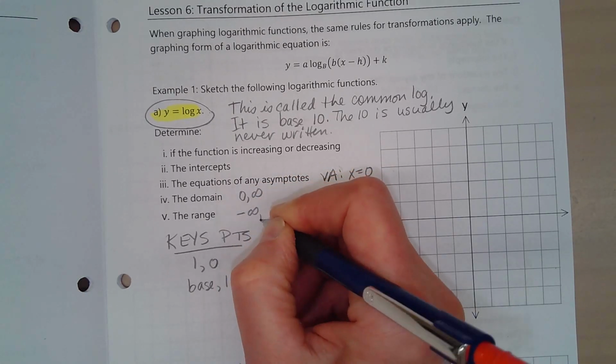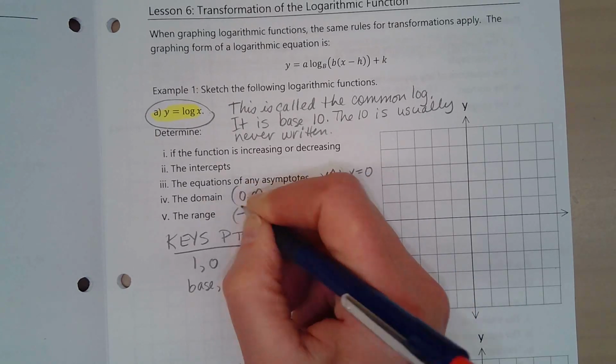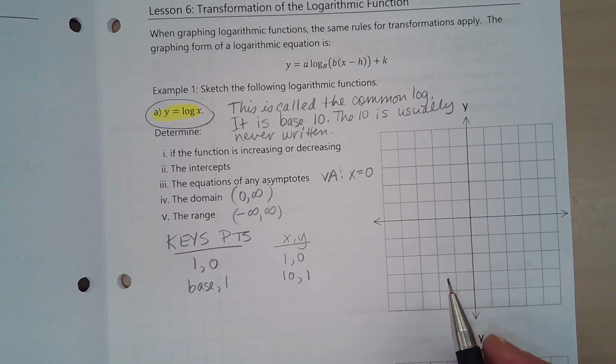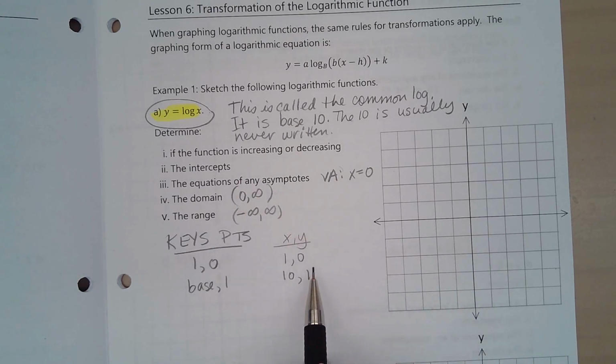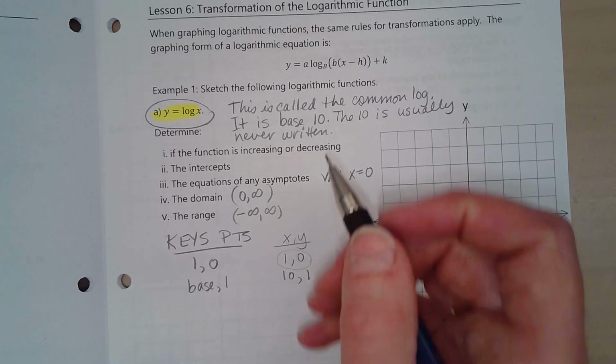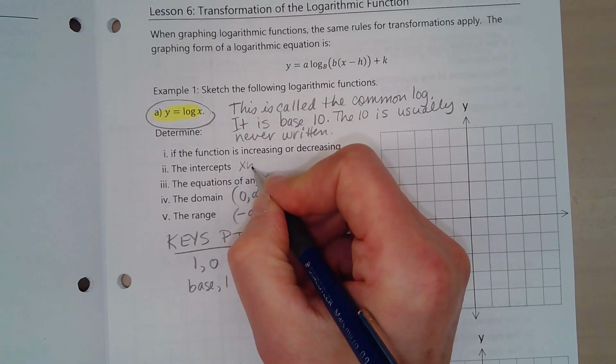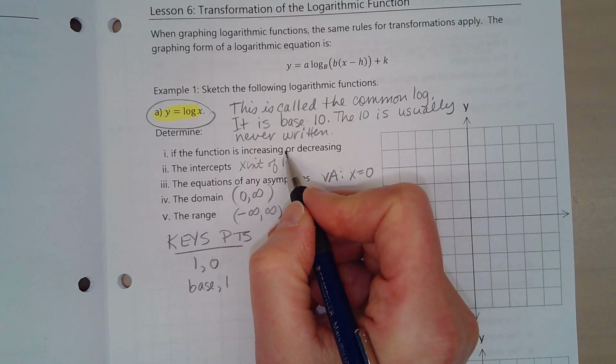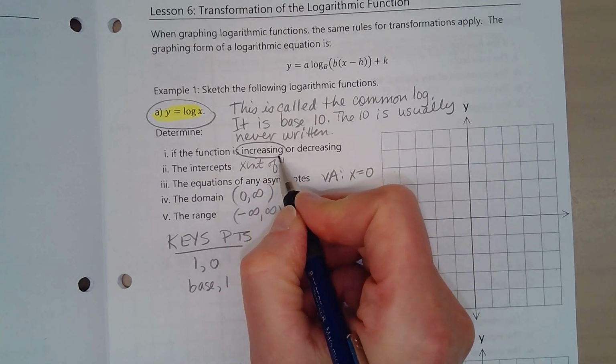And the range is negative infinity to positive infinity, because there's no shifting for this graph. Okay. So I just have to figure out what the intercept is, and it looks like I've got it already, right? When y is 0, x is 1. So this one will have an x-intercept of 1, and the graph is increasing.